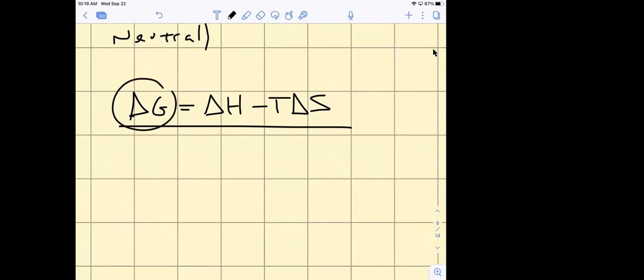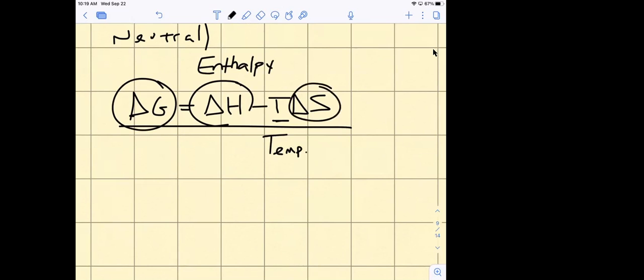So the free energy is the enthalpy minus T, which is the temperature, times the entropy.